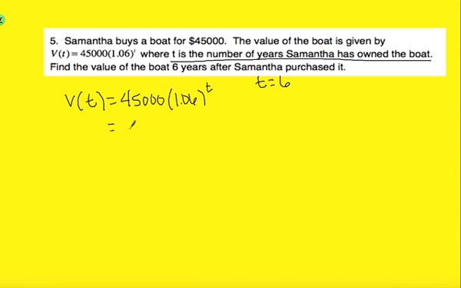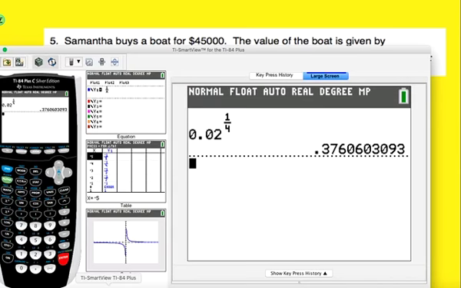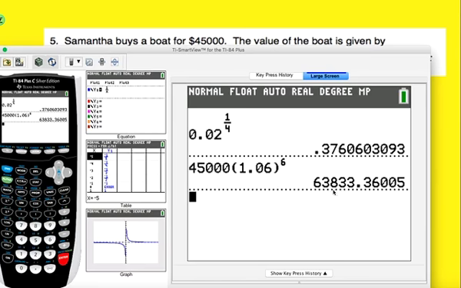Which means we're going to plug in 6 for t. So we'll have 45,000 times 1.06 to the 6th. Our calculator will easily work this out for us, so we'll say 45,000 times 1.06, use the caret button, to the 6th power. When we do that, we get 63,833.36005.